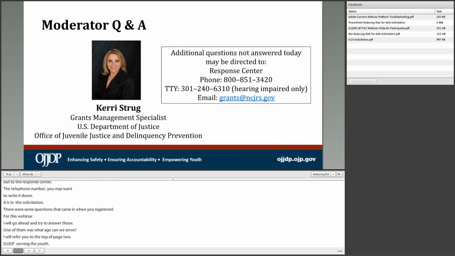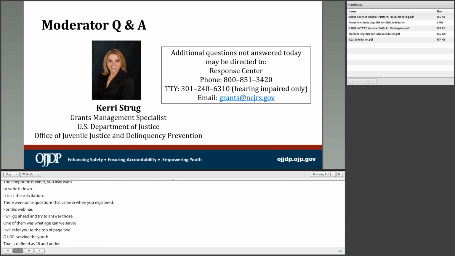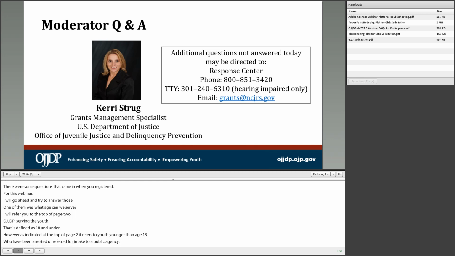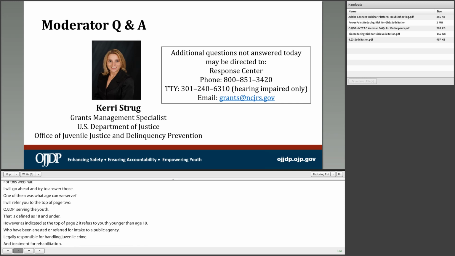However, as indicated at the top of page 2, youth involved in the juvenile justice system refers to youth younger than age 18 who have been arrested or referred for intake to a public agency, legally responsible for handling juvenile crime delinquency, and youth in need of guidance, treatment, or rehabilitation due to problematic behavior. Eligible applicants that propose to provide direct service to youth may continue to provide services to youth who remain in the juvenile justice system under a state's extended juvenile court jurisdiction.